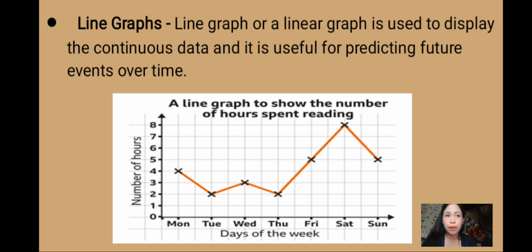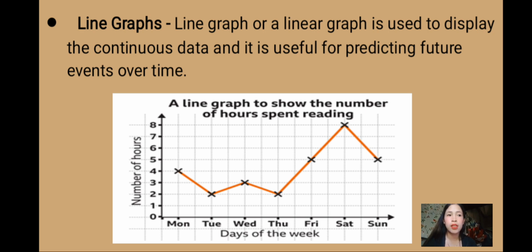On Monday, you read 4 hours. On Tuesday, you read 2 hours. On Wednesday, you read 3 hours. And on Friday, you read 5 hours. And on Saturday, you read 8 hours.